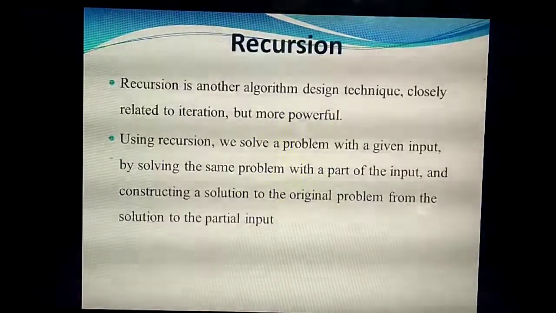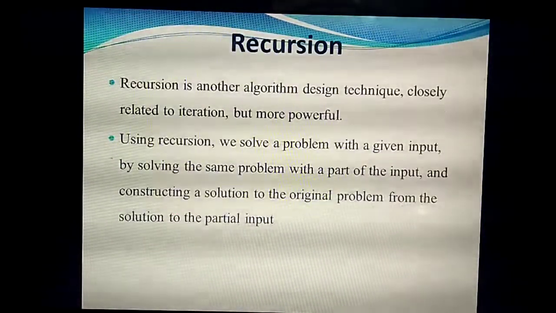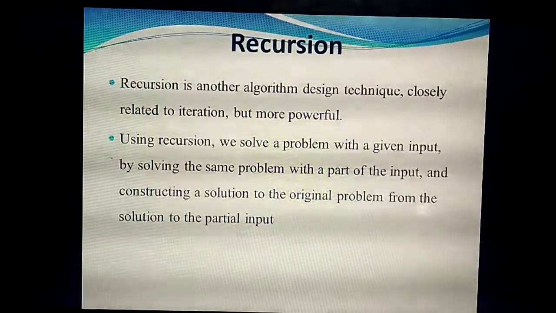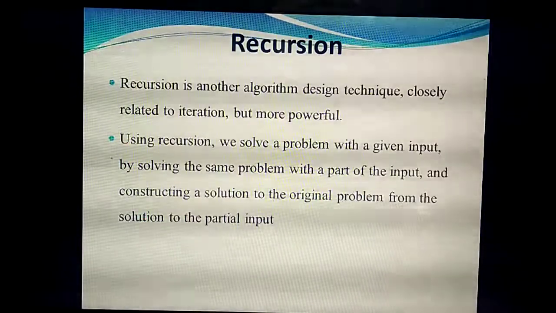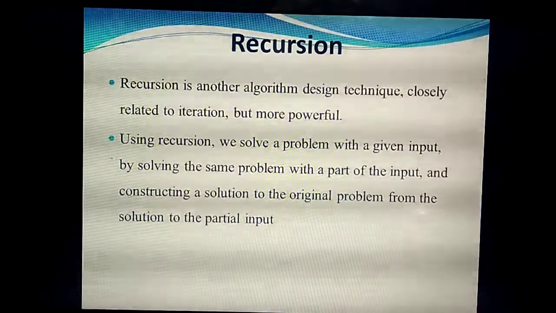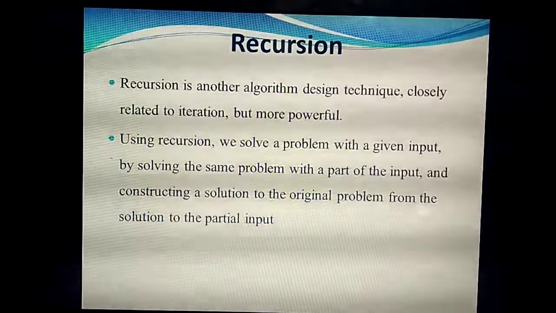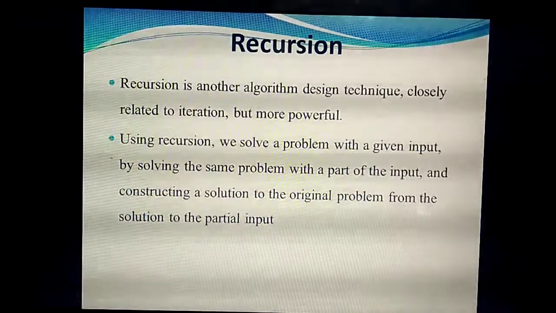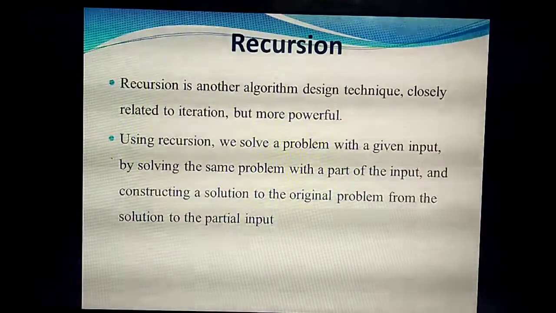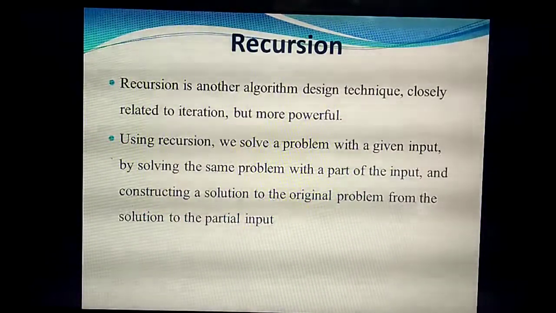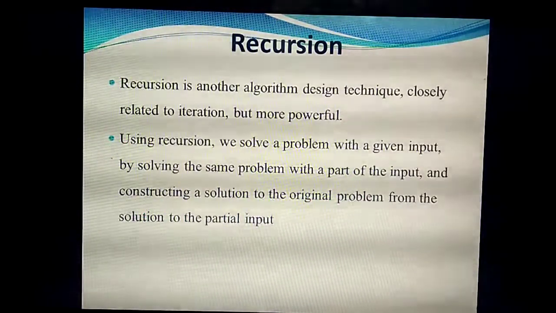Understand? So the next topic is recursion. Recursion is also related to iteration. Here also, some process you are going to execute again and again, repeatedly. But what is the concept of recursion?